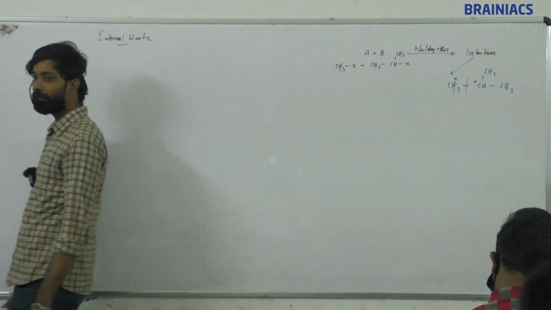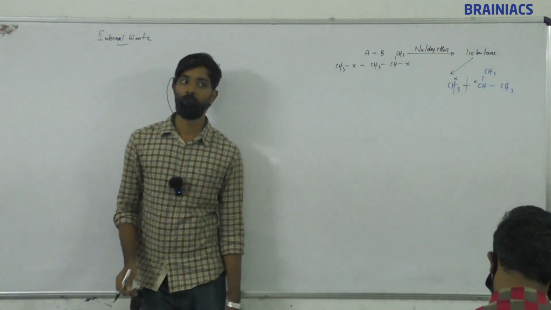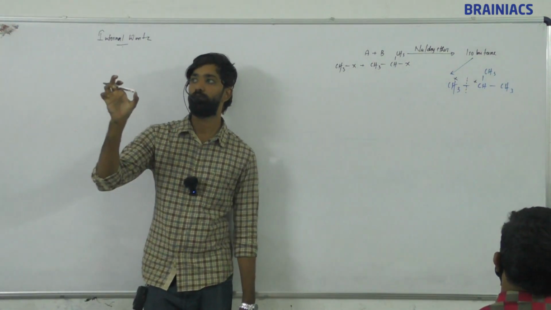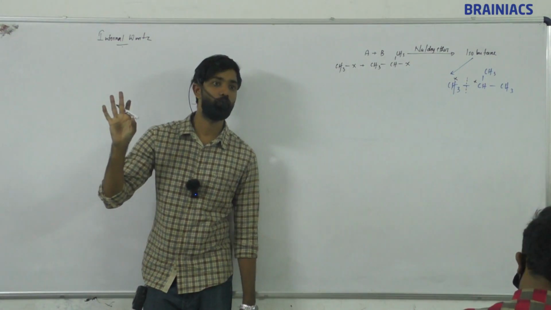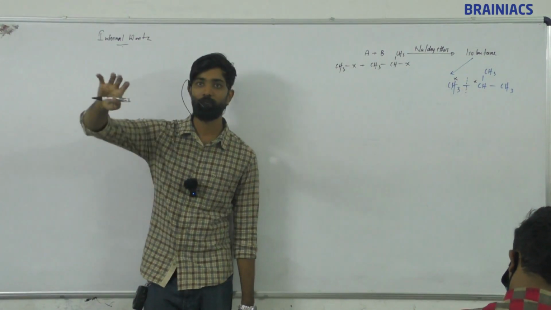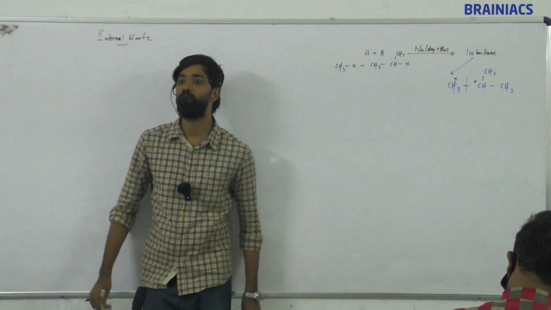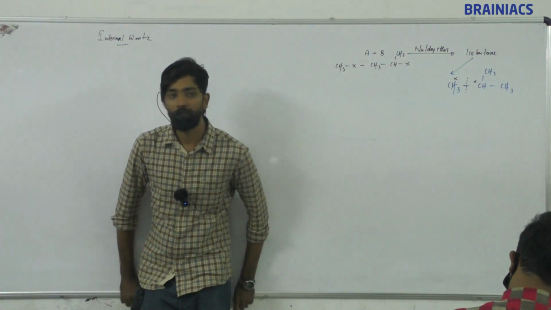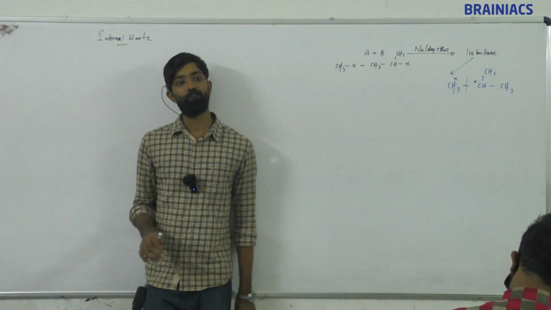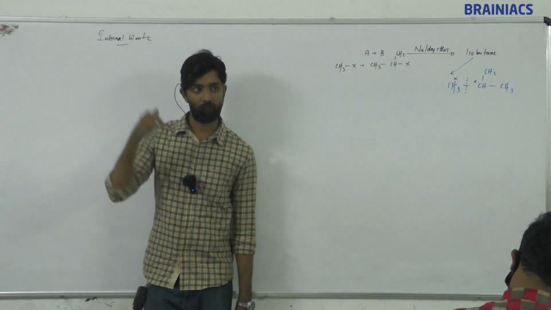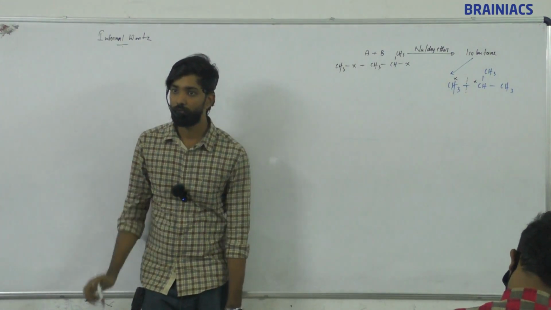Internal Wurtz means we already said that we require 2 carbon-halogen bonds. We simply remove the halogen and connect the carbons by an extra bond. If the 2 carbon-halogen bonds exist in a single molecule, then it is said to be an internal Wurtz reaction.